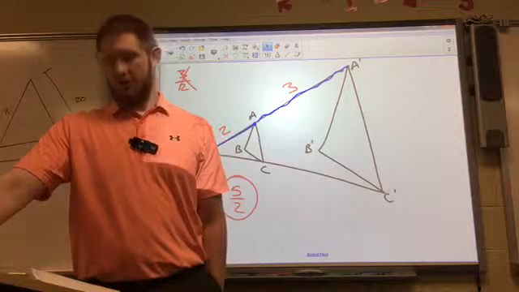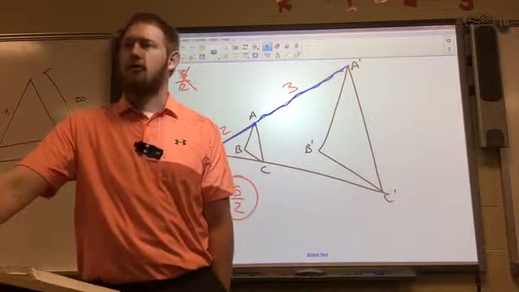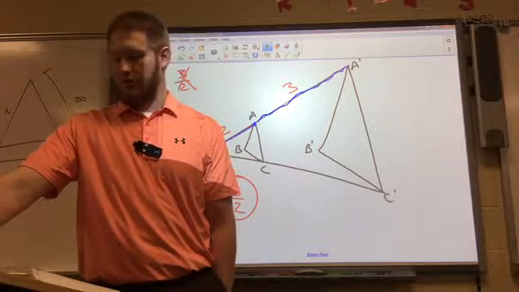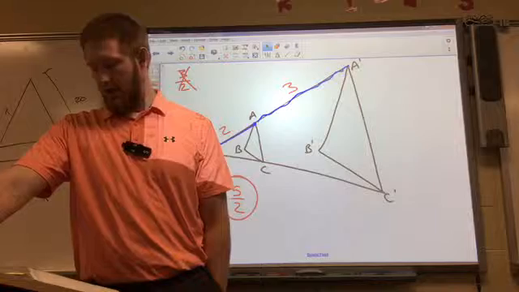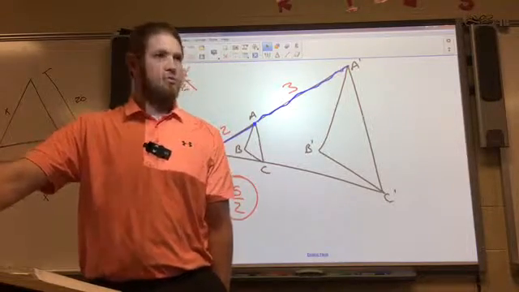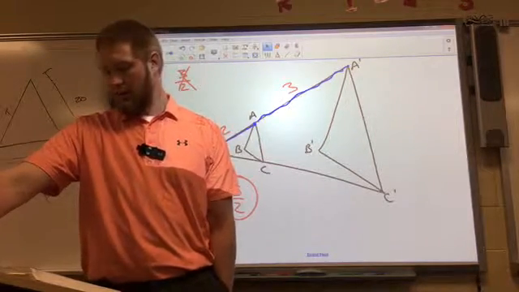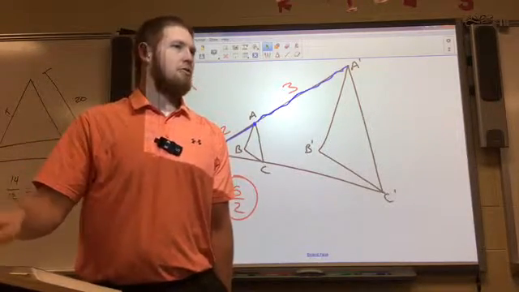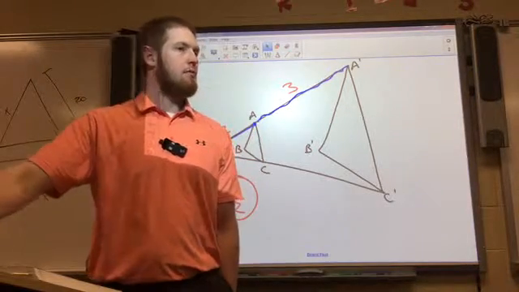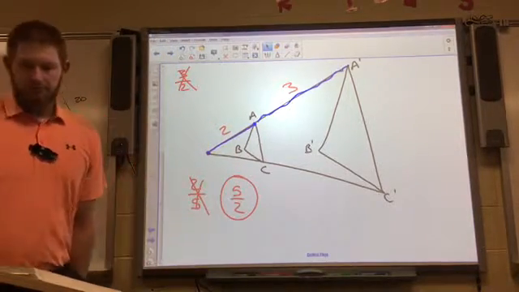And since it's a reduction, Tamaya, what is the scale factor? 2/3. Good. And part B, Lainey, reduction or enlargement? Enlargement, because the one with P prime is larger, right? And Lainey, go ahead and give us the scale factor as well. 2. 2 to 1 or just 2, right?